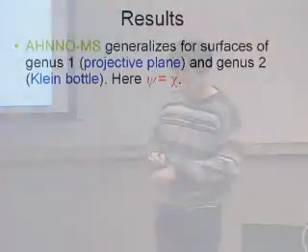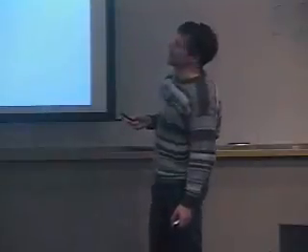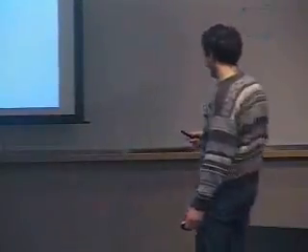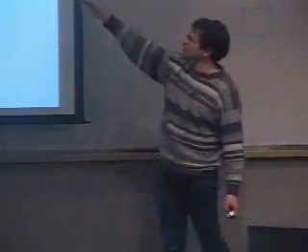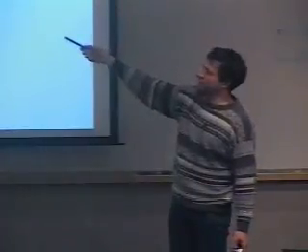So I guess I have to give you the results that we have. So first, positive results. The Young's and its generalization result generalizes for the projective plane and the Klein bottle.